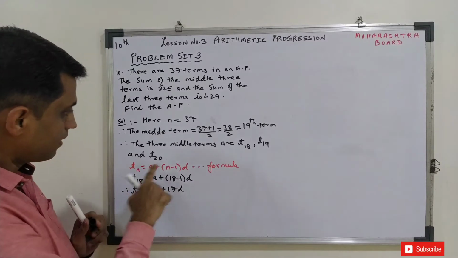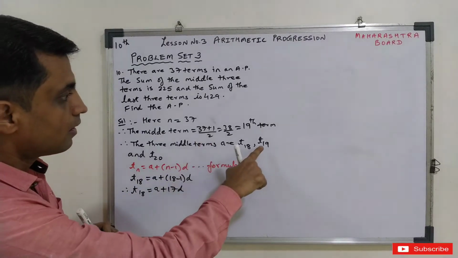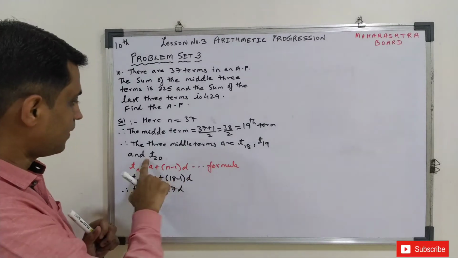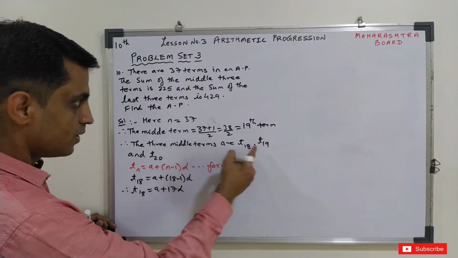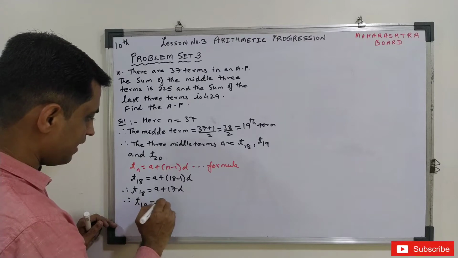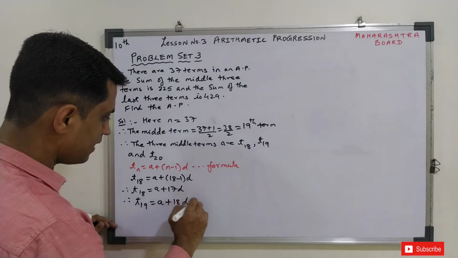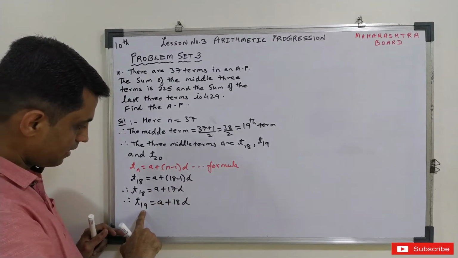Now please see, for 18 we got A plus 17D, so for 19 what will come? A plus 18D. For 20, what will we get? A plus 19D. So here T19 is A plus 18D. 18, 17 we got.